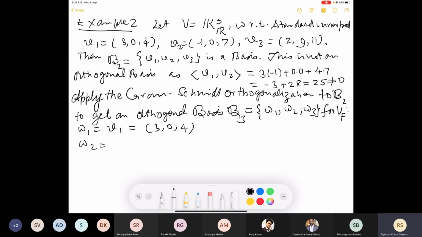And W2 is V2 minus the inner product of V2 with W1 divided by the norm of W1 square, times W1.